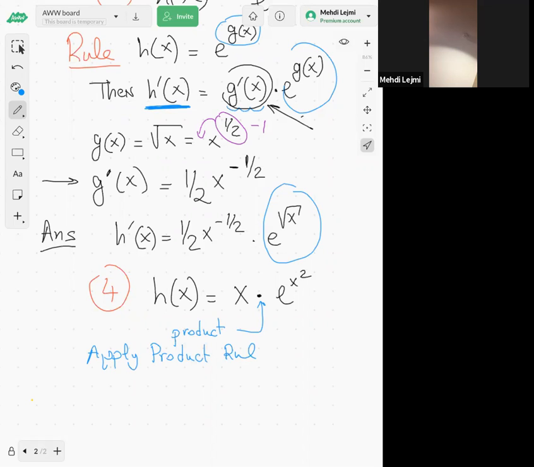Product rule. So let's say this x here is f of x, and this e to the x squared is my g of x. So then by the product rule, h prime would be f prime times g of x plus f times g prime.